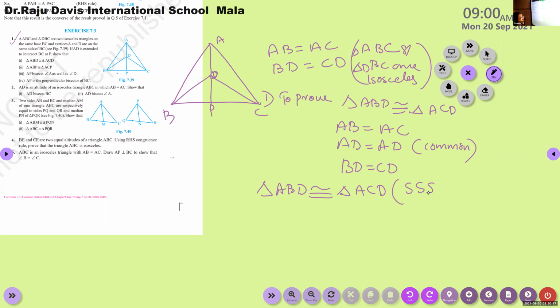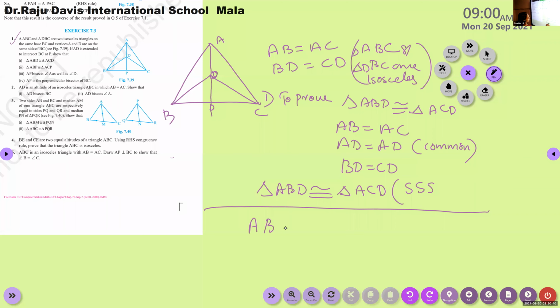Okay, I'll explain one more time. See here, look at our two triangles. Which are the two triangles we need? ABD and ACD. In that, AB equal to AC.